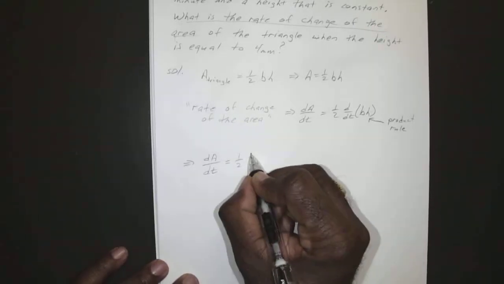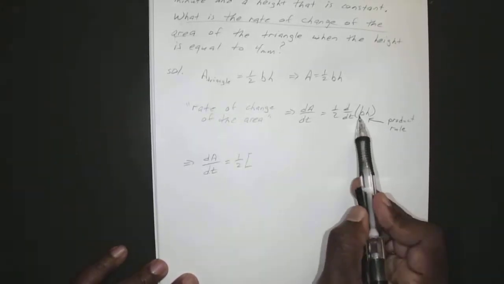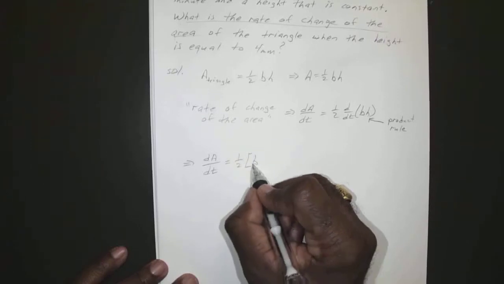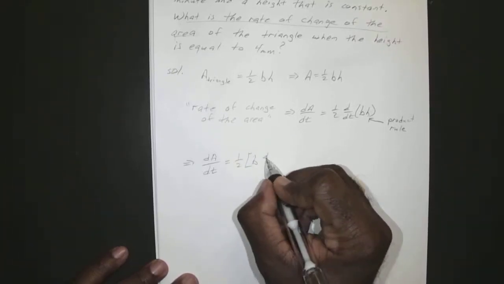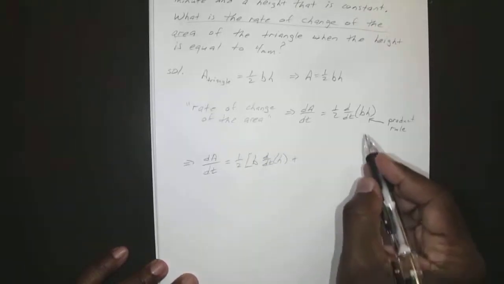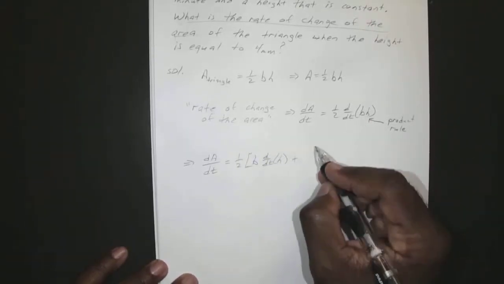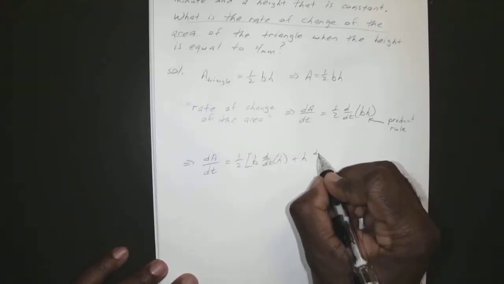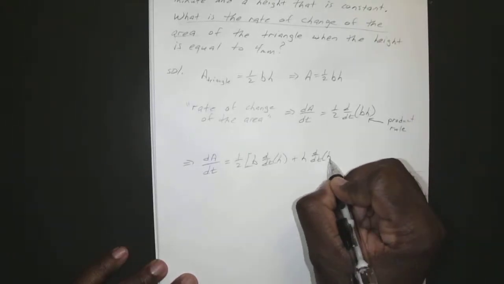Okay, so you have 1/2. Okay, so you have the first times the derivative of the second. So the base times the derivative of the height plus the second times the derivative of the first. So the height times the derivative of the base. Okay.